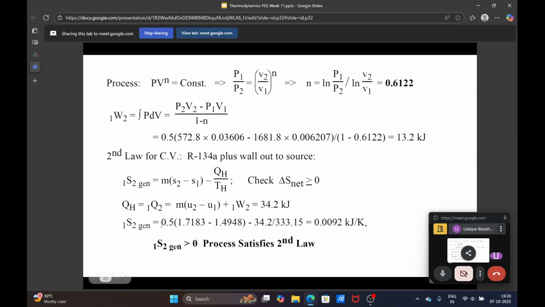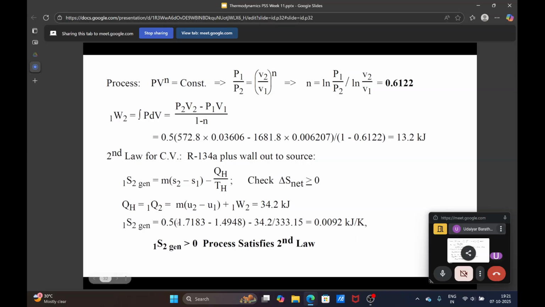So entropy generated is 0.5 kg of gas multiplied by the entropy change minus 34.2 divided by 333.15. So it comes out to be 0.0092 kilojoule per Kelvin.